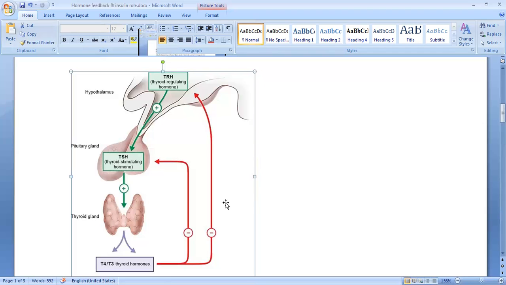When the level starts dropping, this negative feedback will stop working. When negative feedback stops working, the cycle starts again from the beginning. TRH is produced, it will stimulate the pituitary, it will stimulate the thyroid gland, and thyroid hormones will be produced again. Again the levels will rise to a particular level, and those will go and inhibit the TRH and TSH, and because of that production will stop. So this is what is called a negative feedback loop.